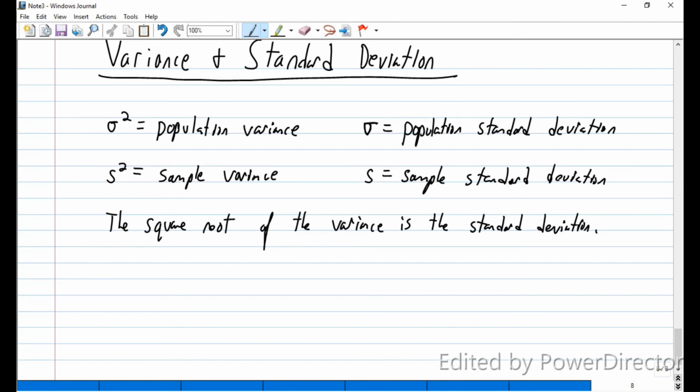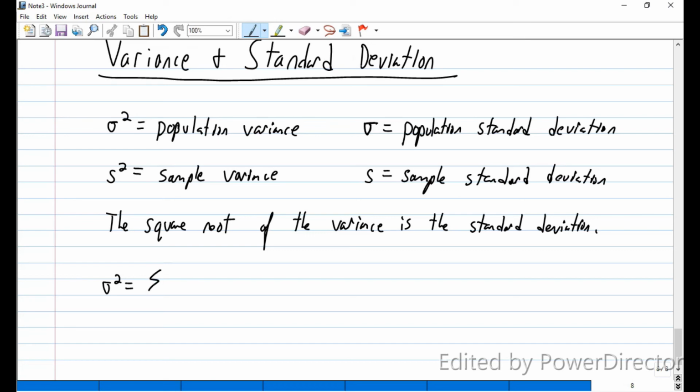Okay. So for population variance. Population variance is equal to, and there are several formulas for this. We're just going to go with the one that the book uses, because there are different ways to calculate it.